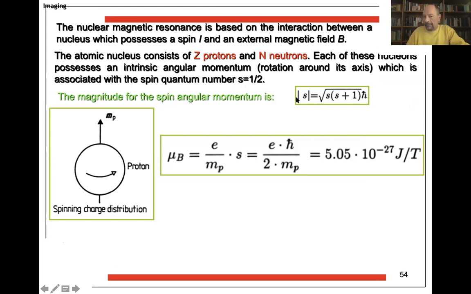The magnitude of the angular momentum is very well known. It's this famous quantum mechanics formula. And the magnetic moment can be expressed in this way: e divided by mp times s, where s is the angular momentum associated to the mass of the proton. And this means 5.05 times 10 to the minus 27 joule per Tesla.